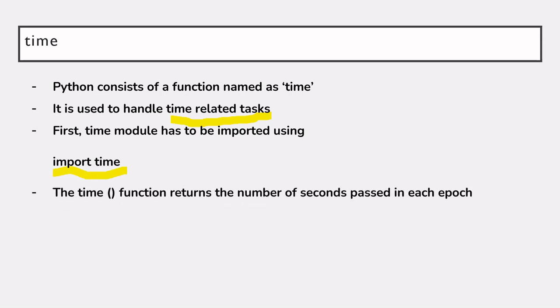The time function returns the number of seconds passed since the epoch. Epoch is the point where time starts. So let's start with the time functions in the next slide.